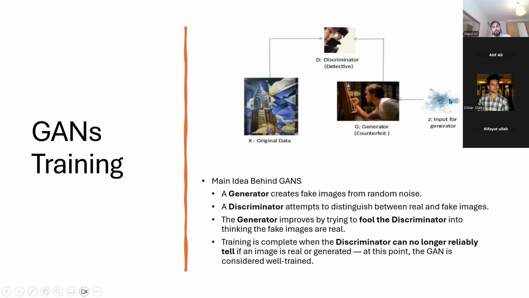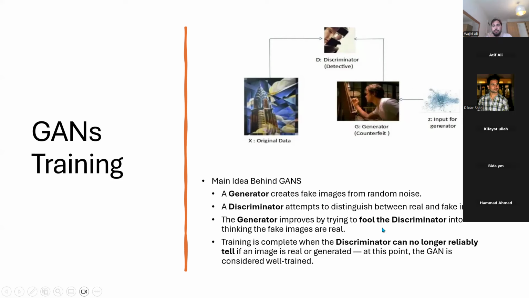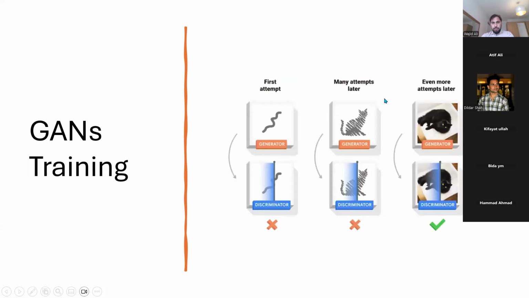It could be uniformly distributed or Gaussian distributed noise, and then the discriminator attempts to distinguish between real, this one is real, and fake images, fake from here. So the generator improves by trying to fool the discriminator into thinking the fake images are real. Training is complete when the discriminator can no longer reliably tell if an image is real or generated. At this point, the GAN is considered well trained.